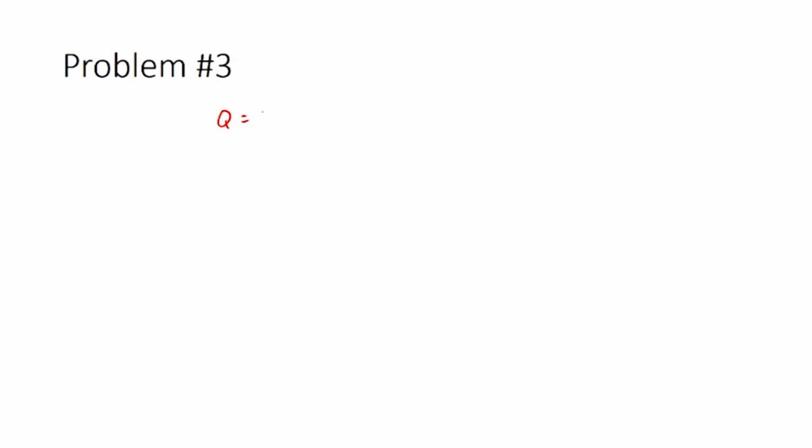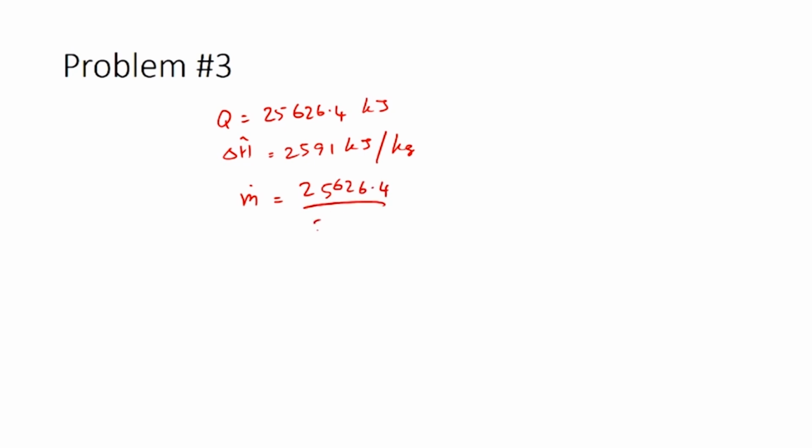So, Q is equal to 25626.4 kilojoules, and delta H cap we just calculated to be 2591 kilojoules per kilogram. So, m dot, which is the mass of steam generated, would be 25626.4 divided by 2591, giving a value of 9.89 kilograms of steam per 100 moles of fuel gas burnt.